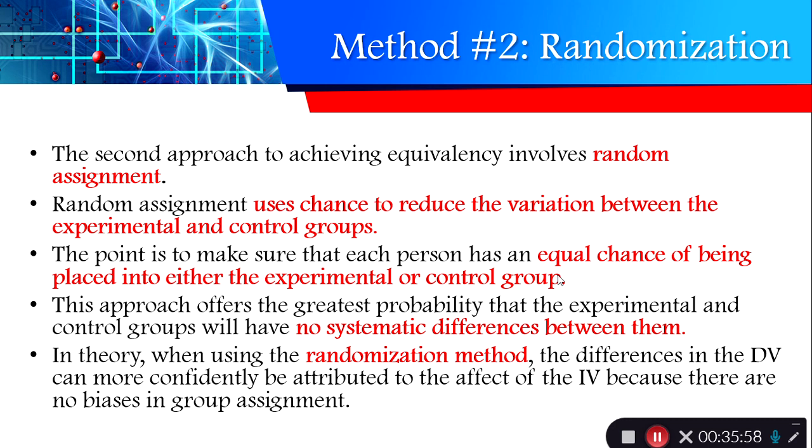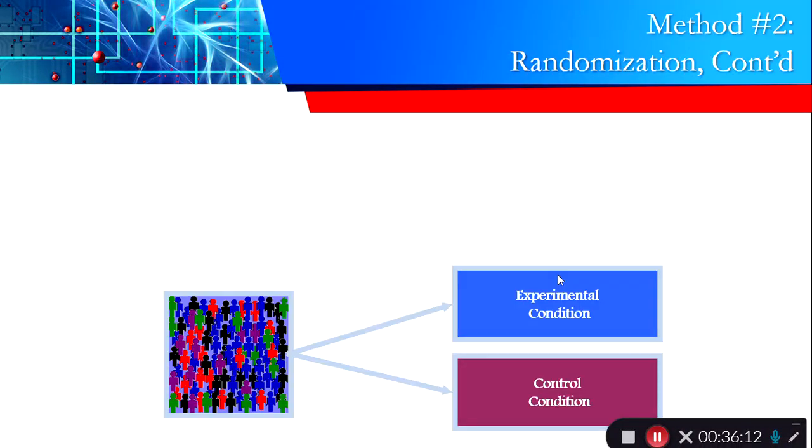In theory, when using the randomization method, the differences in the DV can more confidently be attributed to the effect of the IV, because there are no biases in group assignment. So essentially, that's what I just discussed.